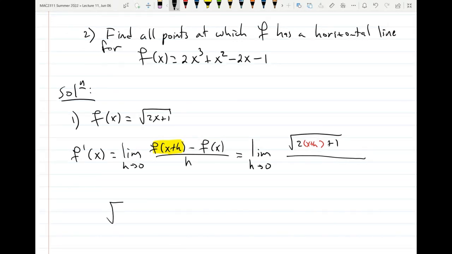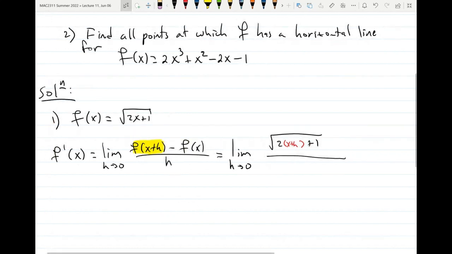If this gives you trouble, just write this, and then inside the parentheses, you put whatever is being written here. Do you understand this? In this case, it would be x plus h. Okay, so that's the first term.